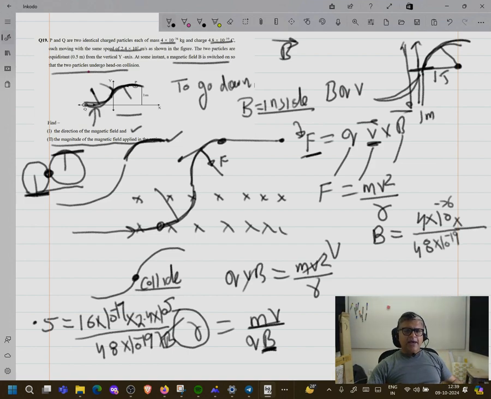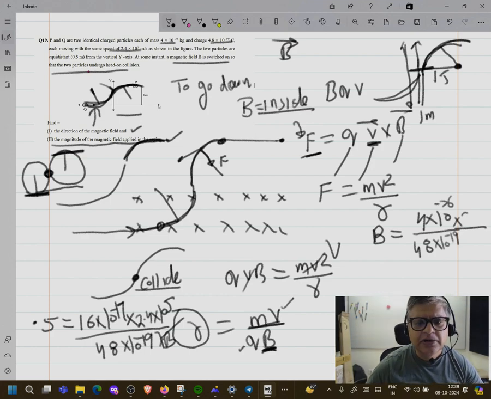Okay, and Q, right? Now I have to multiply this with the velocity, 2.4 into 10 raised to power 5. I think little space is left, and I have to write another value, which is the radius, so into 0.5. So 2.4 twos are, and 2 into 0.5 will become 1.